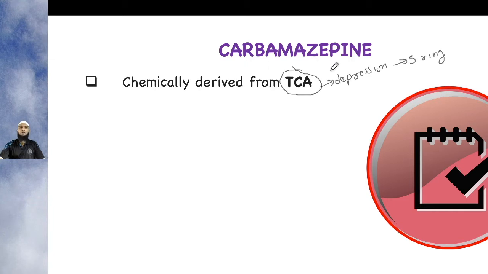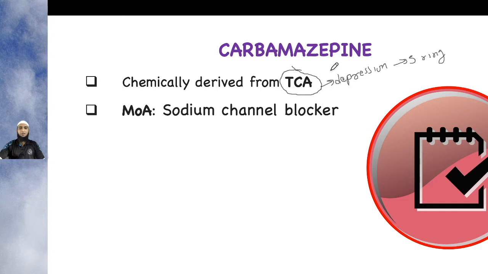Let's see the mechanism of action of carbamazepine. Carbamazepine blocks the sodium channel. We know that sodium is responsible for the generation of action potential. Since it blocks the sodium channel, there is no generation of action potential.